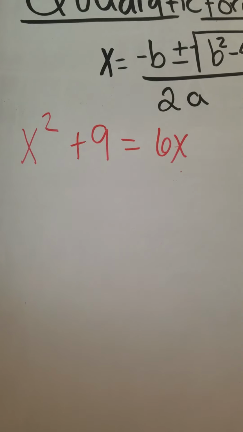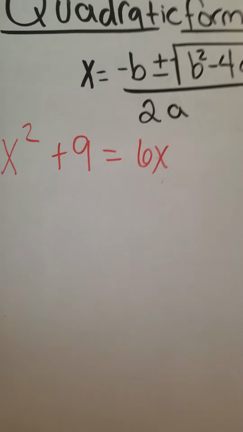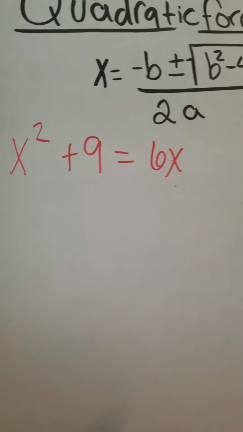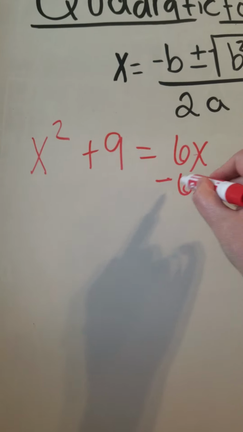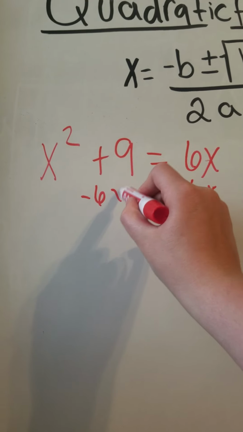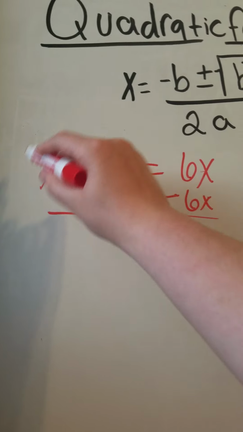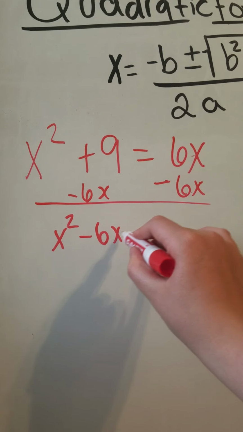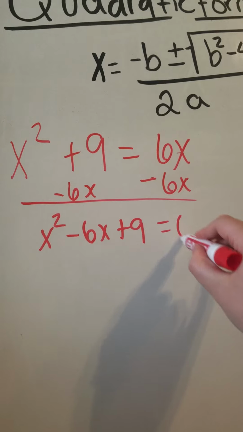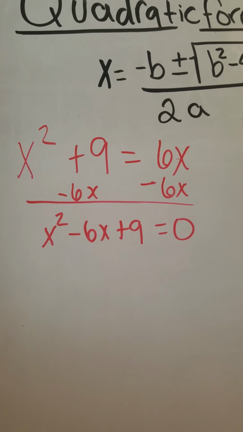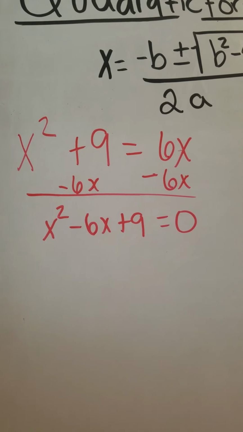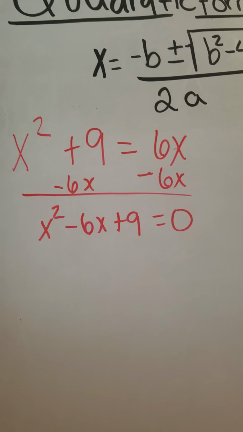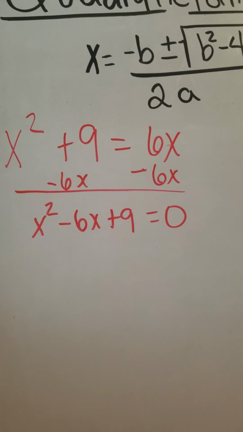Now again, I need to make sure that I am equal to 0. Right now I'm equal to 6x. So I need to subtract 6x from both sides. Nothing can be combined over here, so it's x squared minus 6x plus 9 equals 0. At this point, go ahead and pause the video and try this on your own.